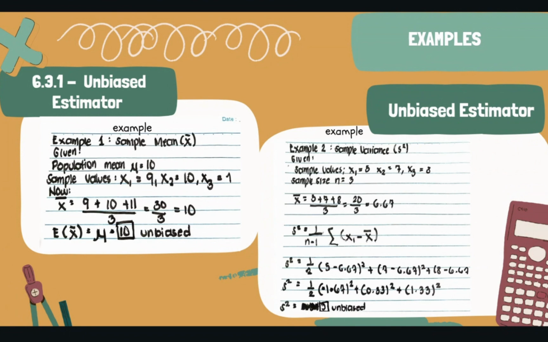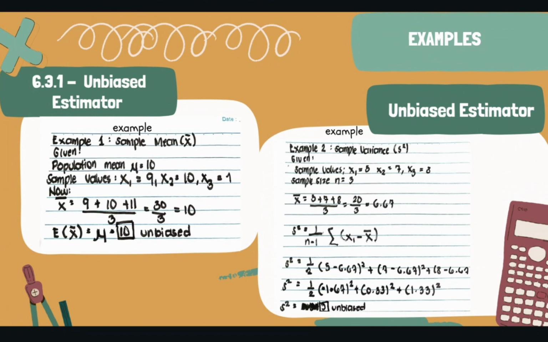The sample mean equals 9 plus 10 plus 11 over 3, which is 30 over 3, or 10. You can see the sample mean is equal to the population mean of 10, so it is unbiased.